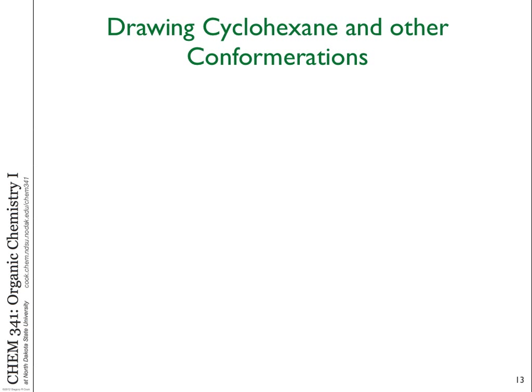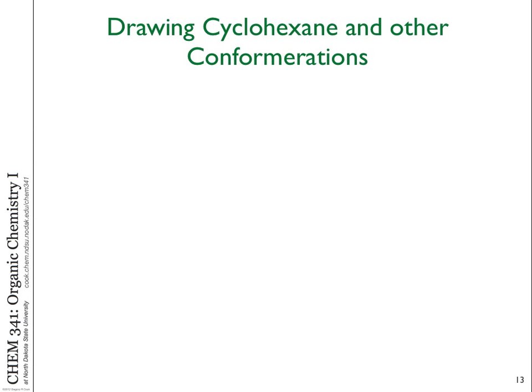We draw these cyclohexane conformations in very specific ways, and when we draw them using single lines as bonds, there are some assumptions we make when we try to visualize that, and that's not always apparent if you're not used to seeing how we draw cyclohexane conformations.